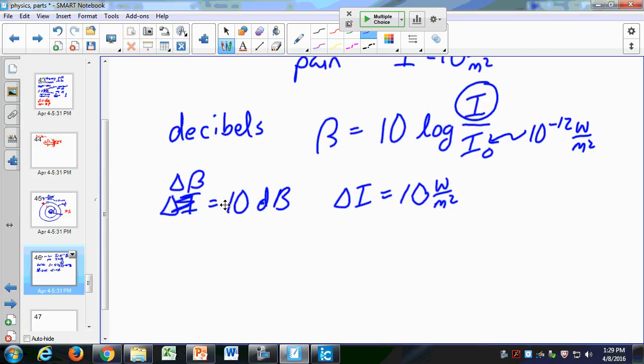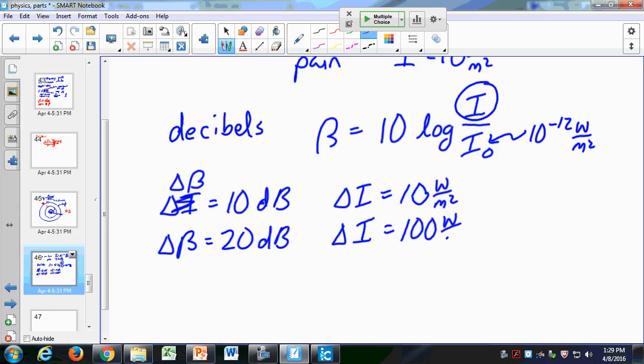If I have a change in my sound level that's equal to 20 decibels, then my change in intensity is going to be what, do you think? 20? No, it's going to be 100 watts per square meter.